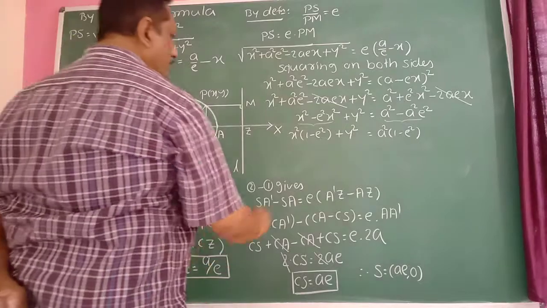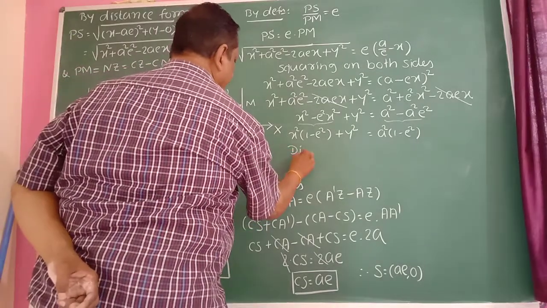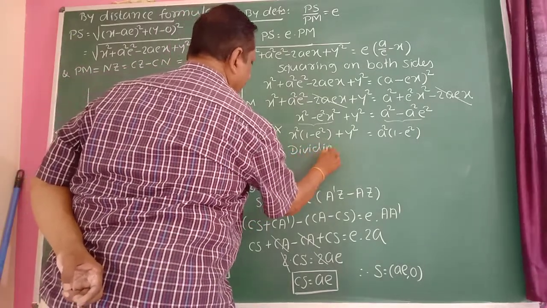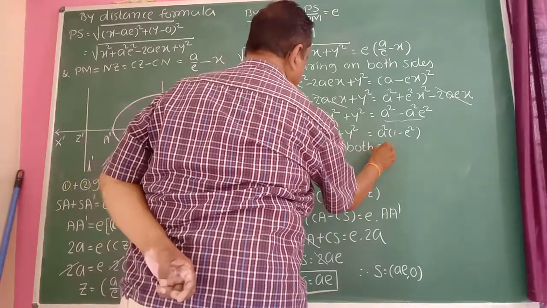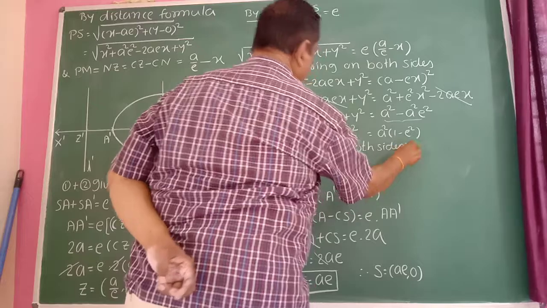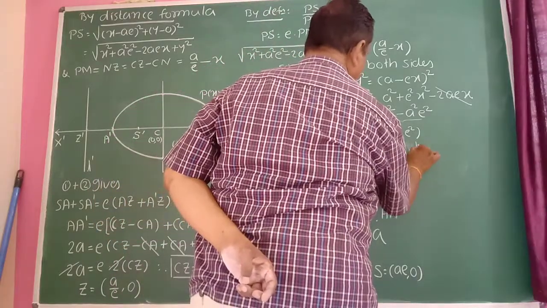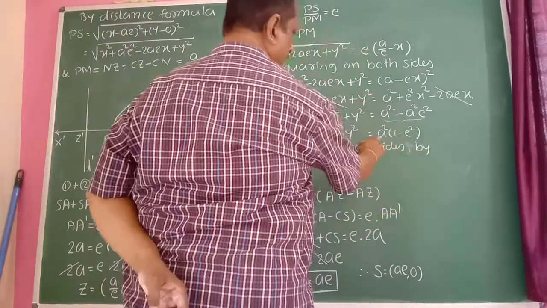Then divide both sides by a square into (1 minus e square).